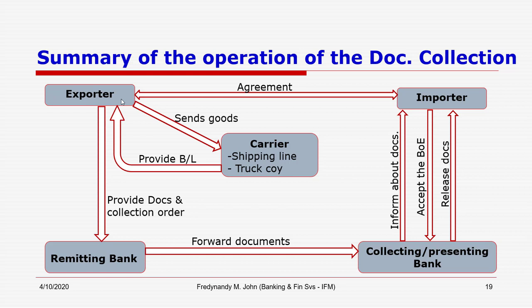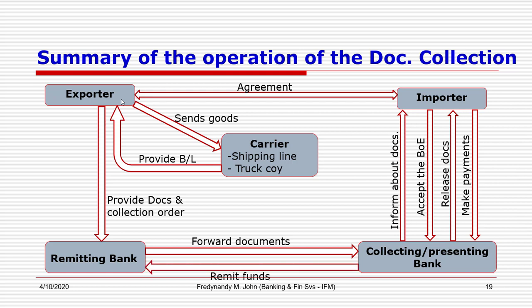And after making sales and everything, once the bill has matured, the importer will be required to come back to make payment, and upon receiving this payment, the collecting bank will remit the funds to the remitting bank, which will subsequently credit the exporter's account.